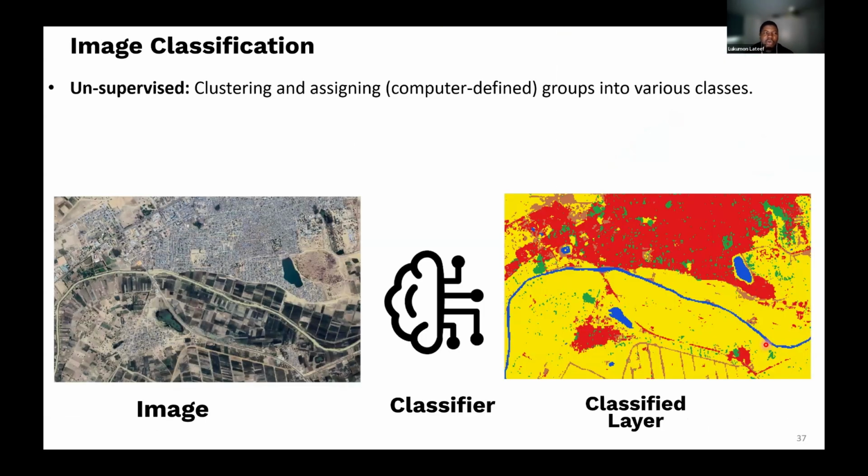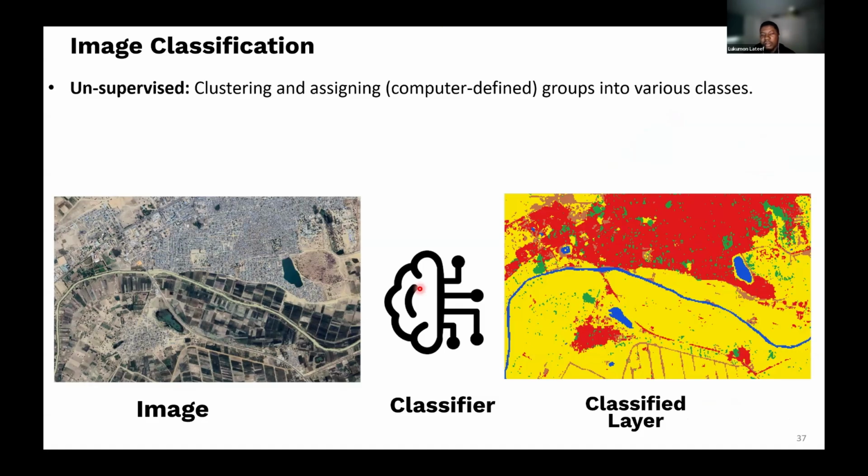So we have what we call unsupervised classification. What happens here is that you have an image, you give it to the computer or the classifier, and you give the computer or algorithm the liberty to look at the image and group the pixels based on their similarity.